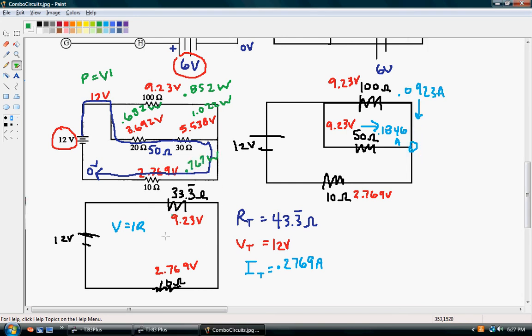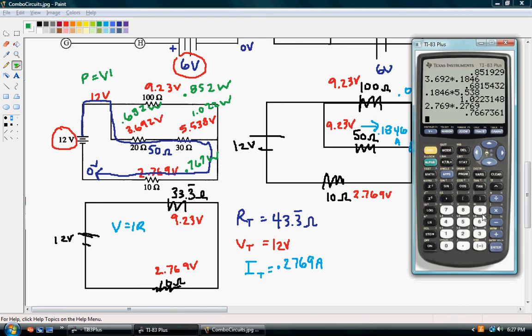Okay, we can take our total voltage, which is 12, and multiply it by our total current, which was 0.2769, and we get a total power of 3.3228. Okay, we should be able to add up all of our powers and get that same total.